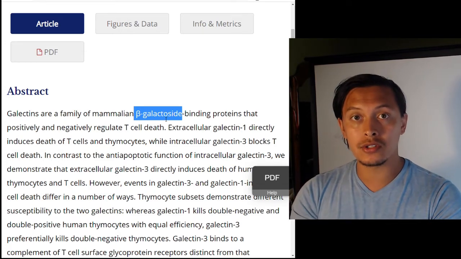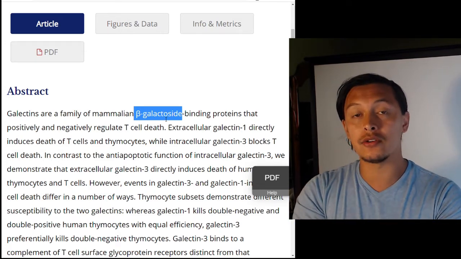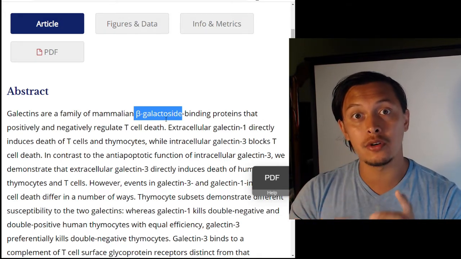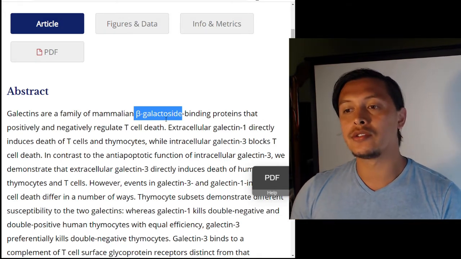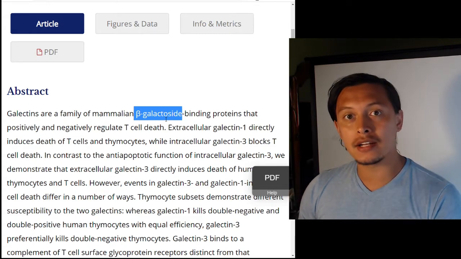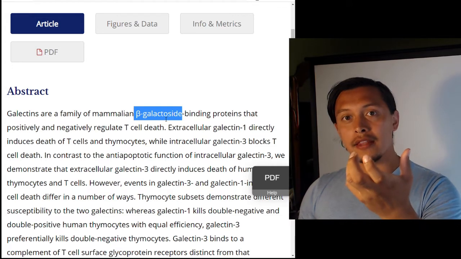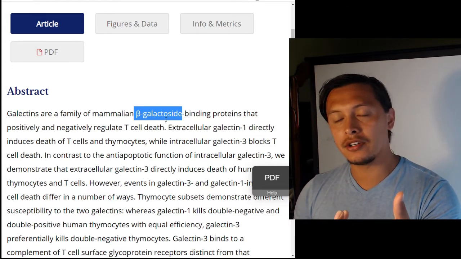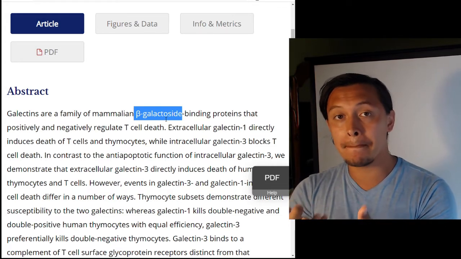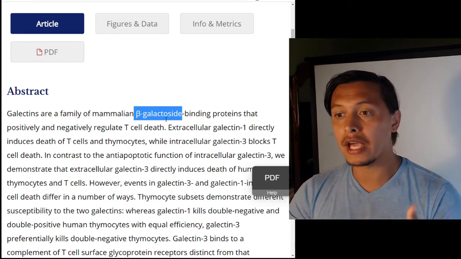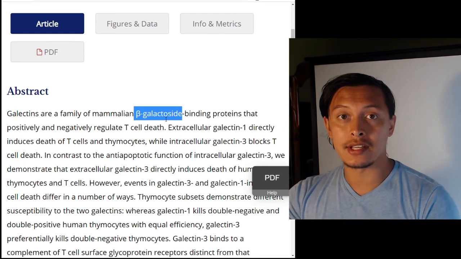Lactose has glucose and galactose bound together, making this lactose disaccharide. For a beta-galactoside, just take the galactose and have it form a beta bond with a protein or some other biomolecule. Okay, so that is what a beta-galactoside is.